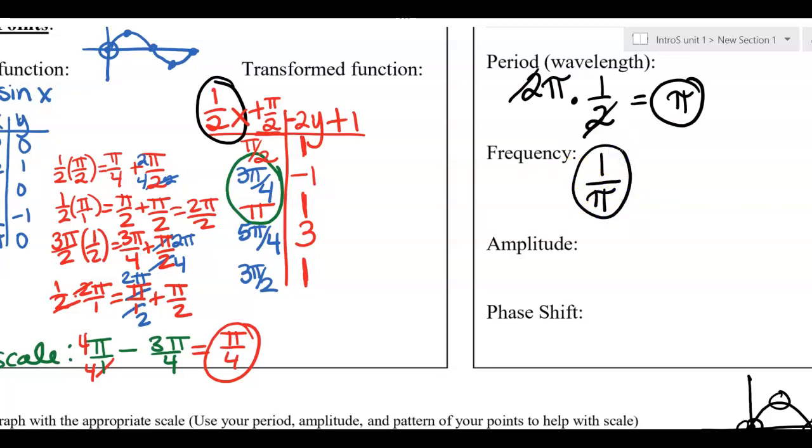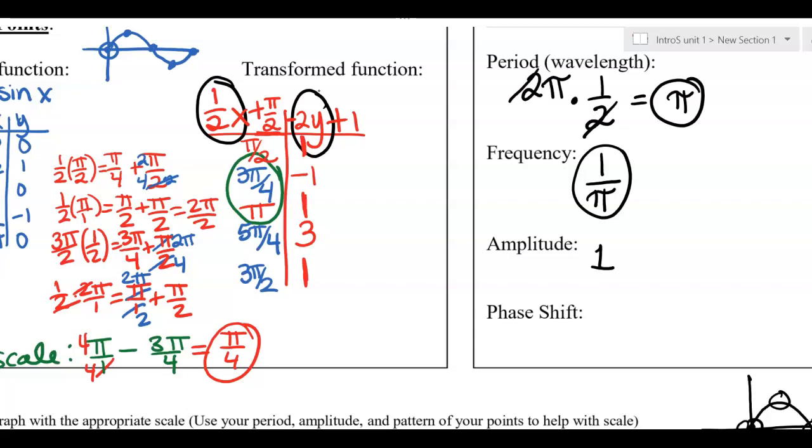And then amplitude. What do the parent functions have as their amplitude? Because that's what you're going to start with every time. 1. And then you have to ask yourself, did you change that? So amplitude is not changing the center of the graph, but stretching the minimums and maximums of the graph, or compressing them closer to the center or further from the center. So again, you want to look right here. Okay. We took the vertical distances and we times them by -2.